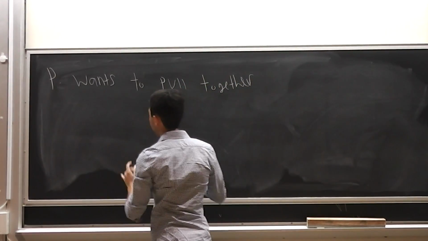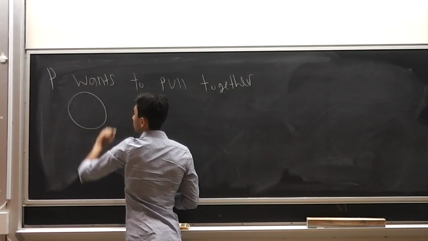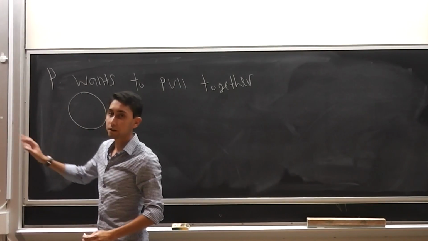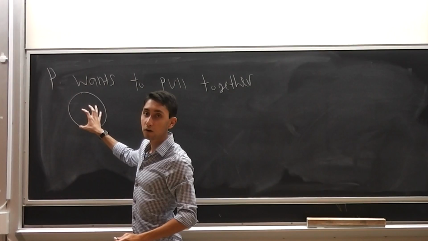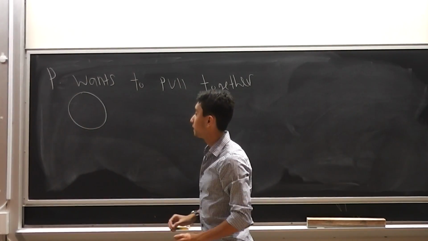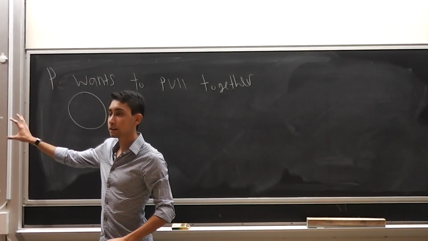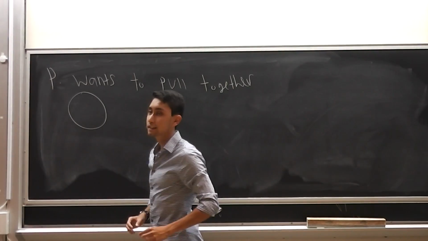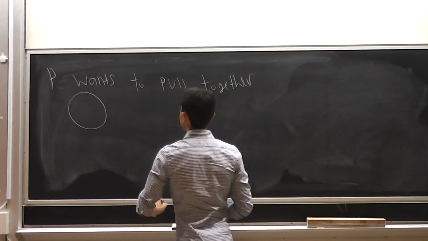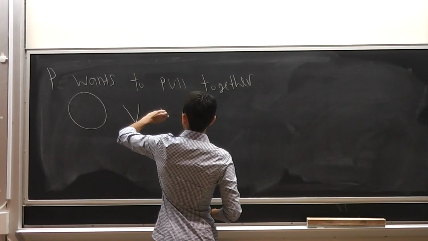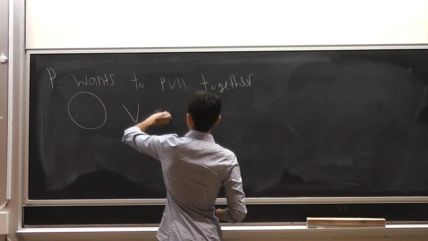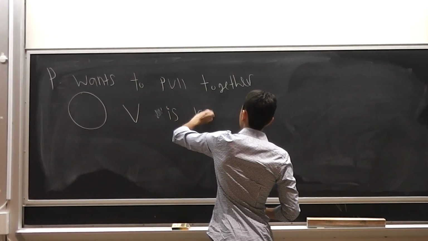The perimeter wants to pull it into a tight ball, because if the V weren't there, the minimal energy configuration would be a ball or a disk. But now we have this non-local energy that wants to push it apart to decrease the energy. We say that V is repulsive.